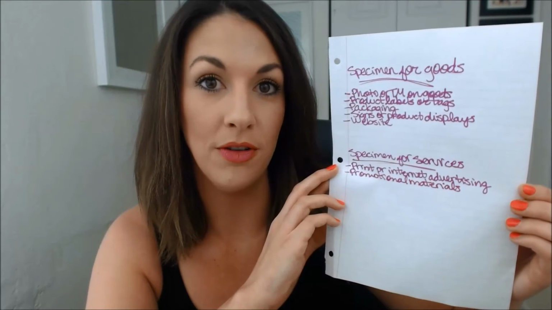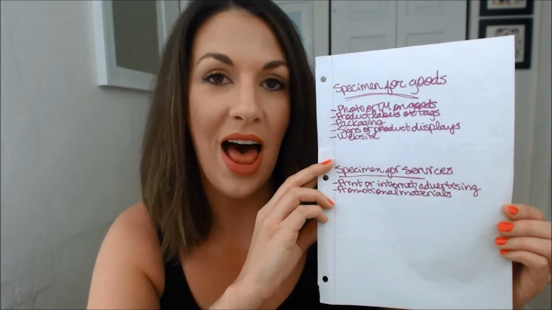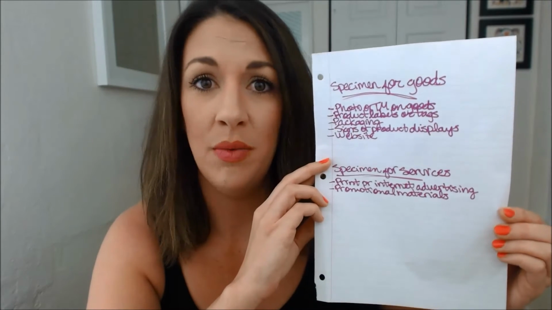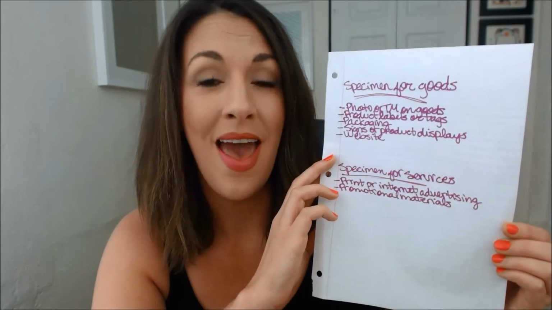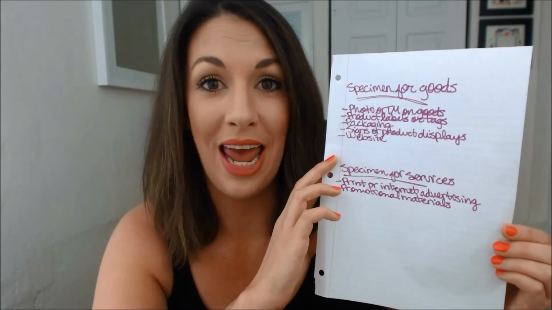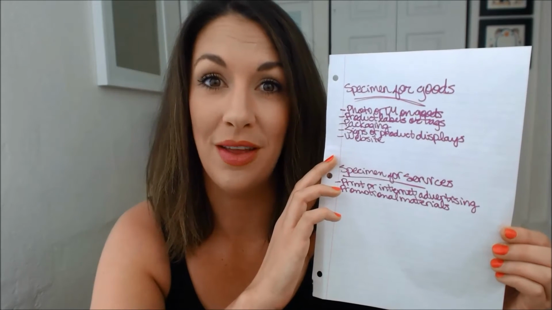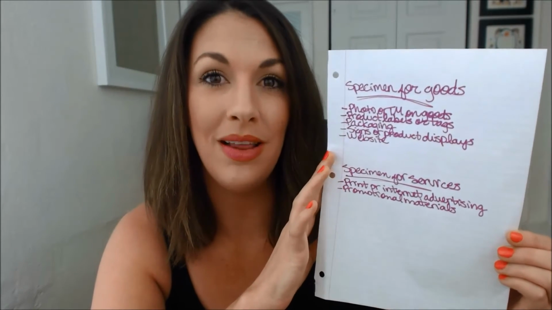Promotional materials are also a good option. Again, flyers, brochures, even promotional items like pens or sticky notes. As long as it has your trademark on it and some kind of indication of the goods and services that you provide, that will typically be good enough as a specimen.